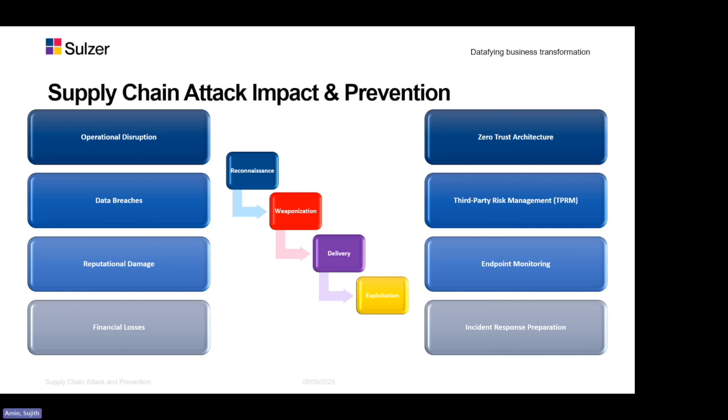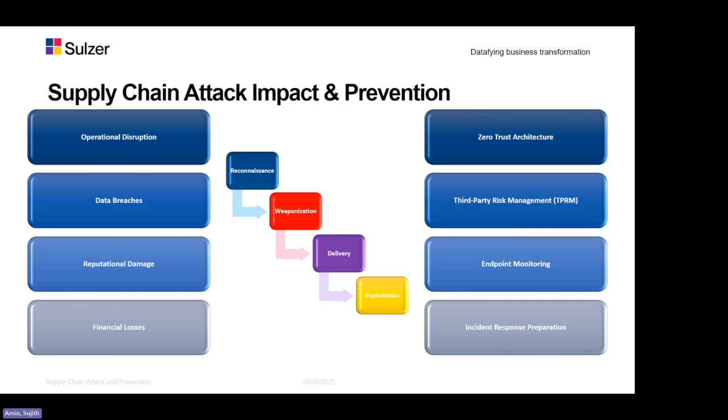And the last stage is exploitation. This is the last stage, where the attacker tries to compromise the primary target. After successfully delivering the malicious payload, the attacker exploits vulnerabilities in the target system to establish a foothold and maintain persistence.